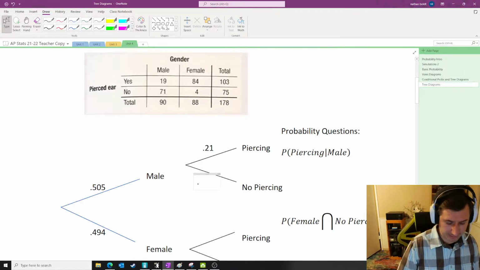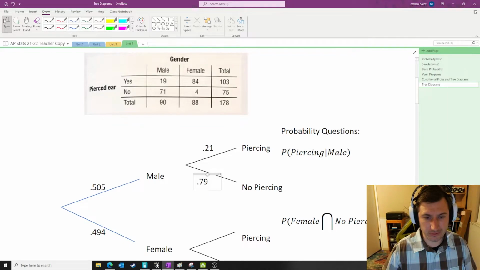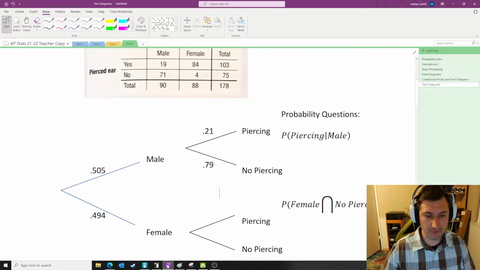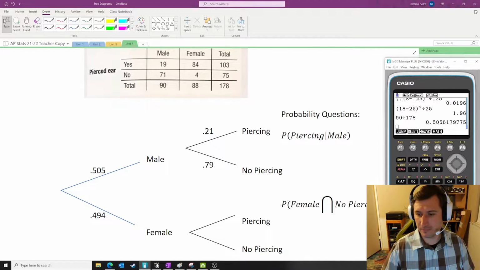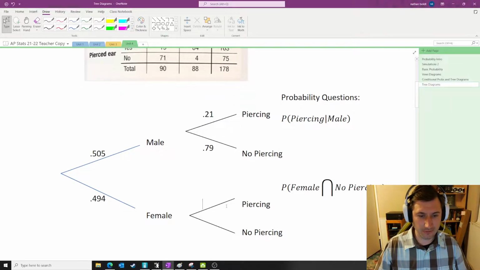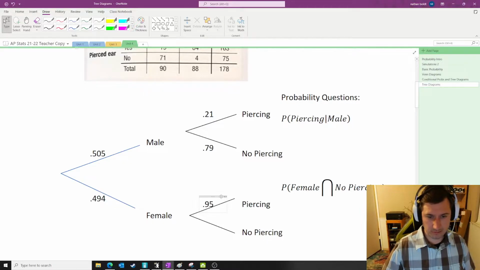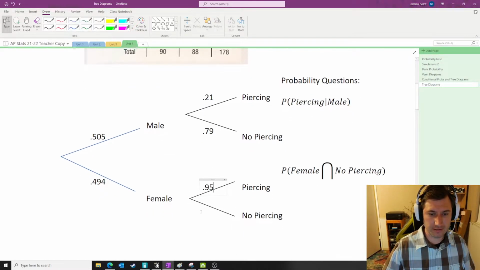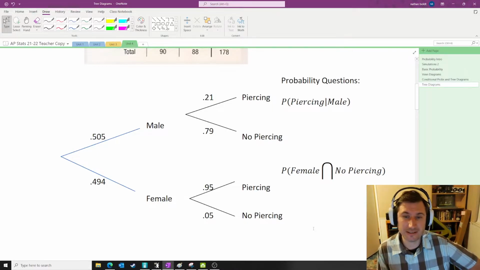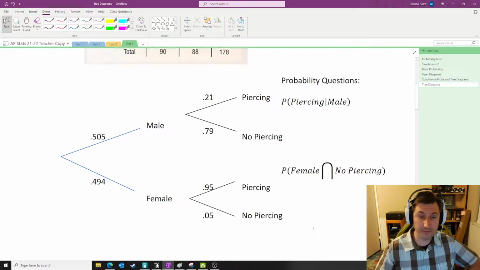That will be 0.79 roughly. Those two have to add up to 100%. And now the females, 84 out of 88, is 0.95. And then I'm just going to round here for the sake of simplicity and call this one 0.05. All right, there is our tree diagram, all done.